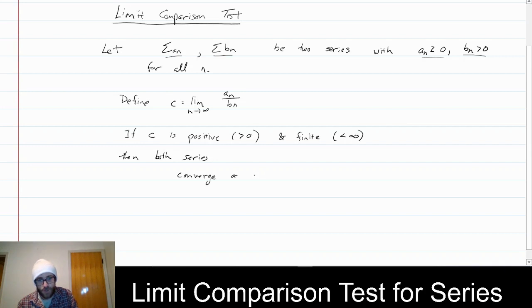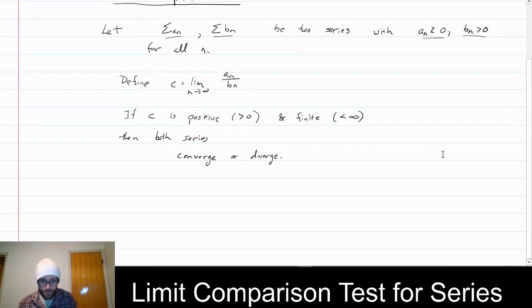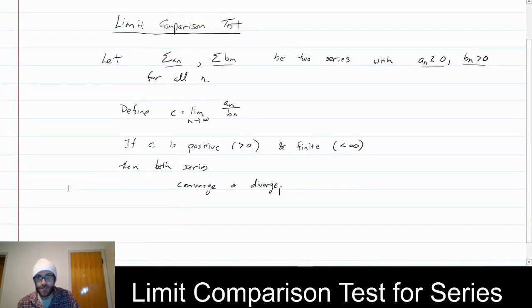So they both converge or they both diverge. Okay, so that's what the limit comparison test is. Let's go ahead and put that on the screen. And now let's look at a quick example.